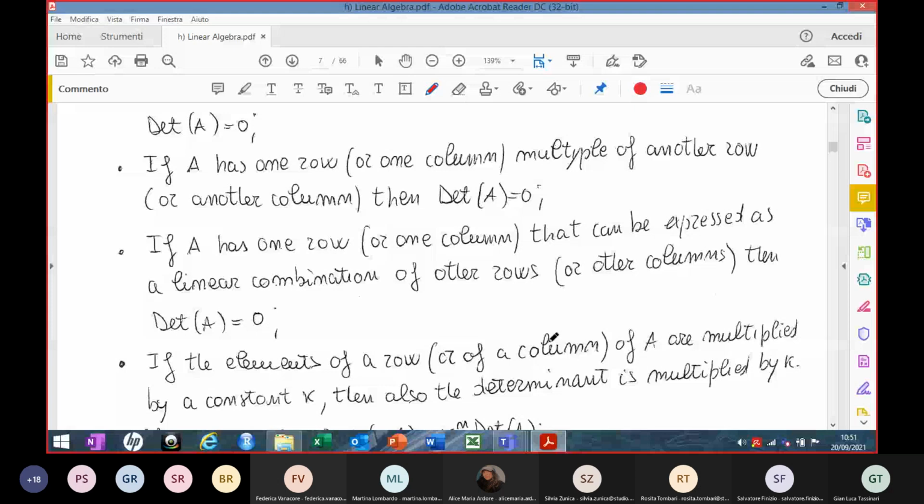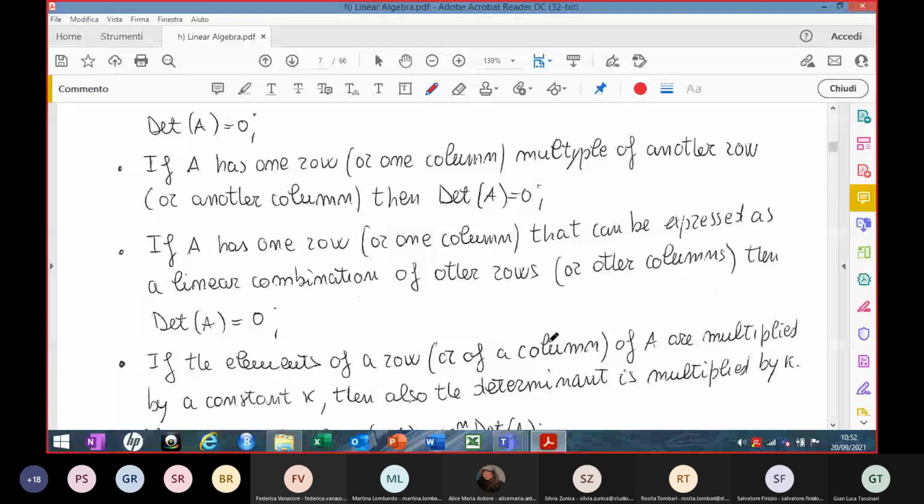Let me give another example. Suppose that row number 4 of a matrix can be obtained by multiplying the first row by 2, then adding the second multiplied by 3. So 2 times the first plus 3 times the second row is exactly equal to the fourth row. We say that the fourth row is a linear combination of the first 2 rows of the matrix with coefficients 2 and 3.